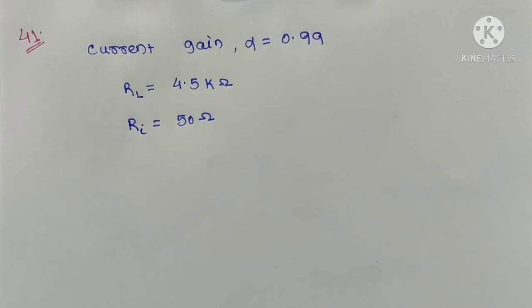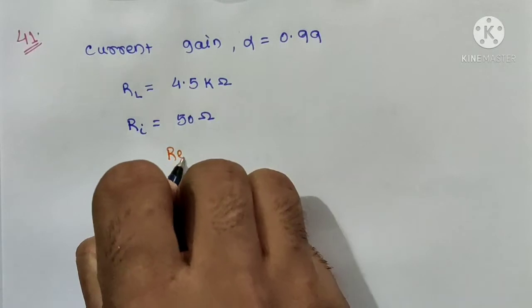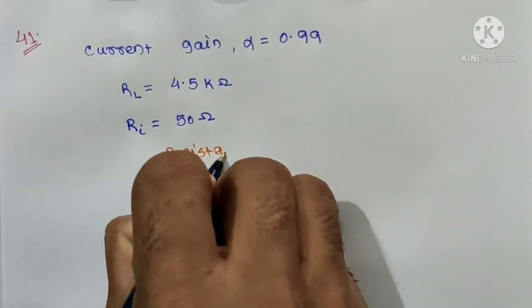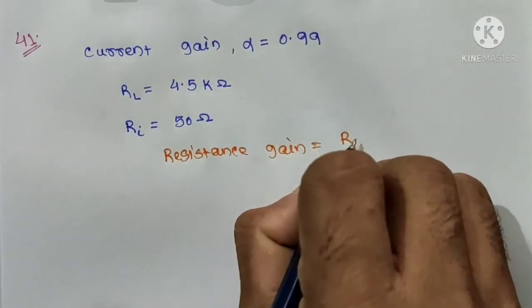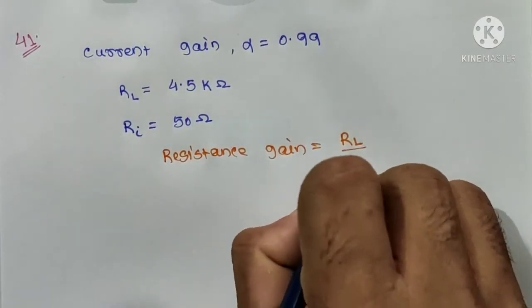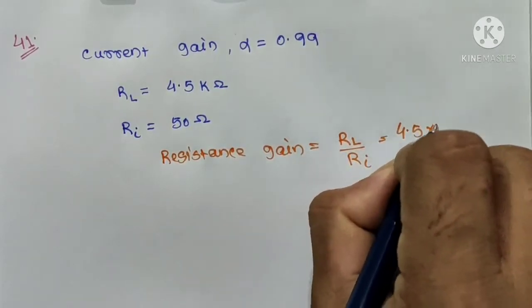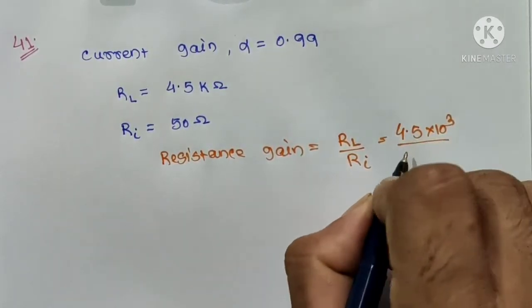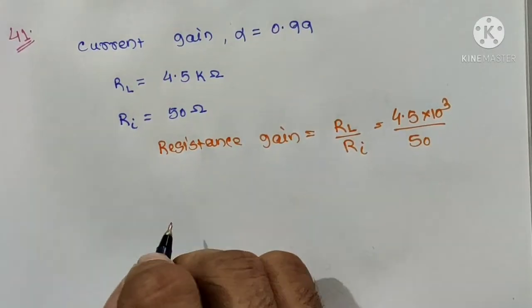Now the resistance gain equal to RL by Ri, that is 4.5 into 10 to the power 3 by 50. Next, the voltage gain.